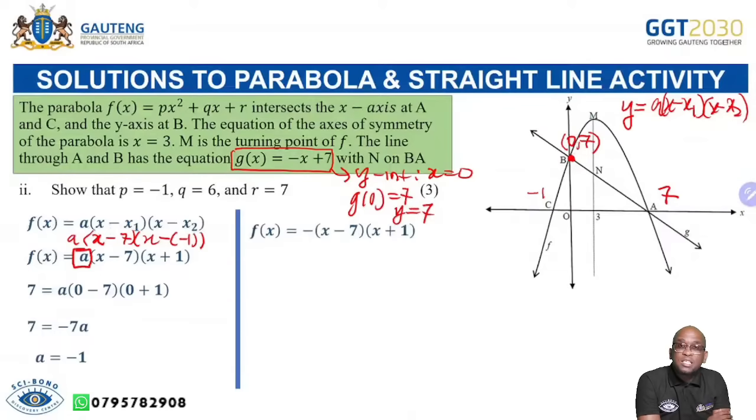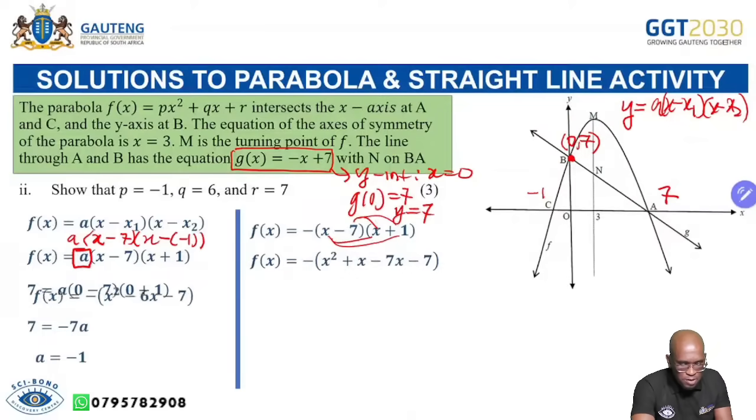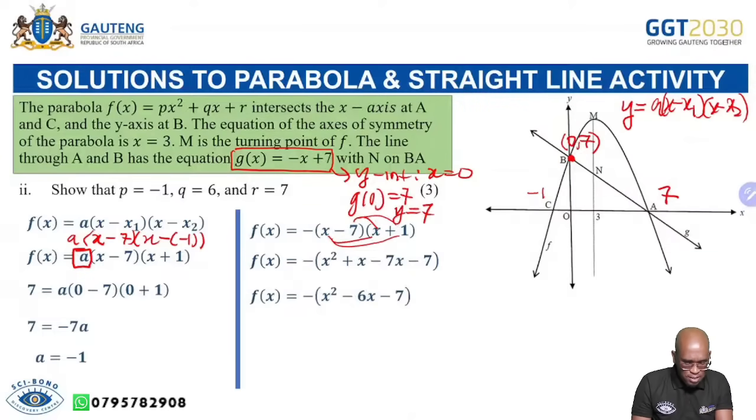We substitute negative 1 for a, and then we use the distributive property of multiplying two binomials. Using the distributive law, we get that this is x squared plus x minus 7x minus 7. Simplifying that, we get negative x squared plus 6x minus 7. So it means that f of x is negative x squared plus 6x minus 7.